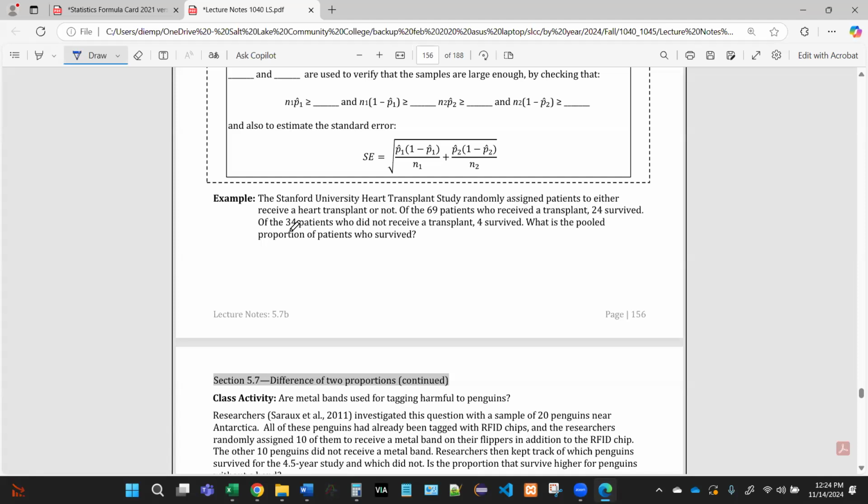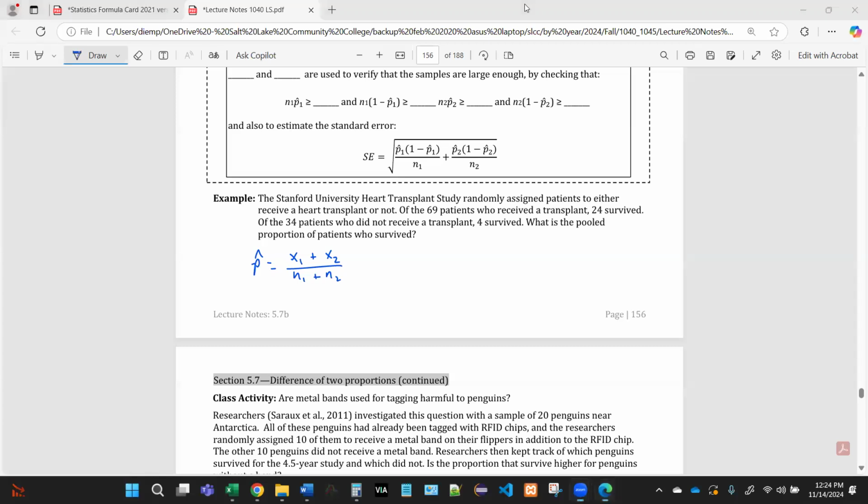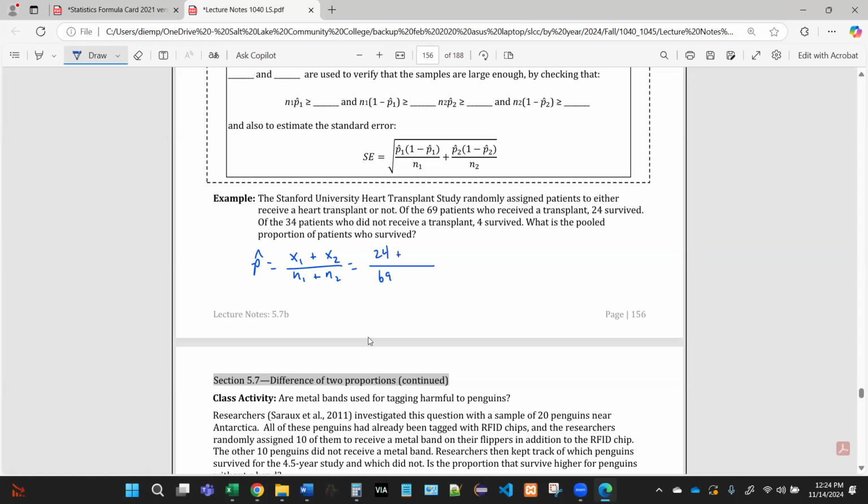Okay, so the pooled proportion, p hat, is the number of successes from the two samples added together divided by the sum of the two sample sizes. Okay, so how many successes did we have in the first sample? Well, there were 24 who survived out of 69. Okay, and then in the second sample, there were 4 who survived.